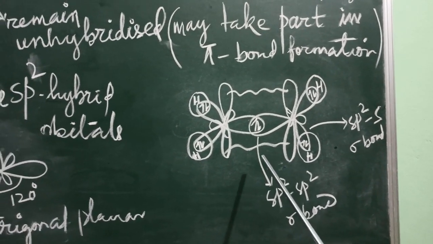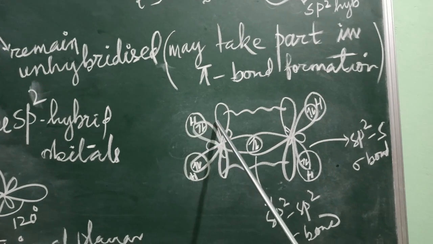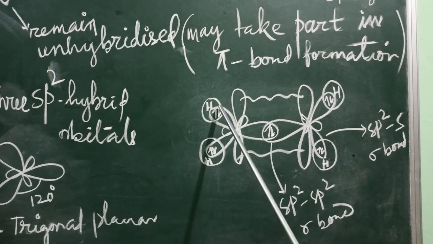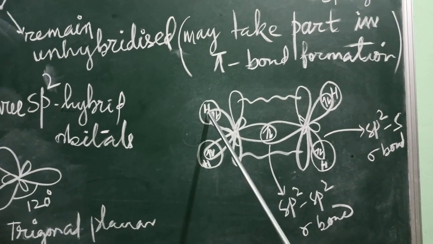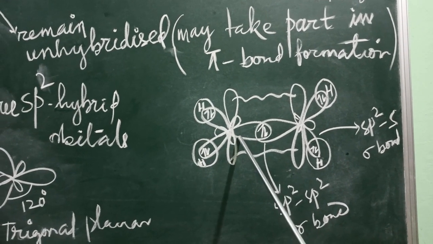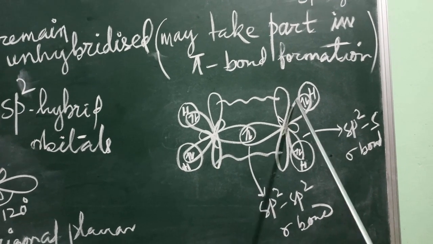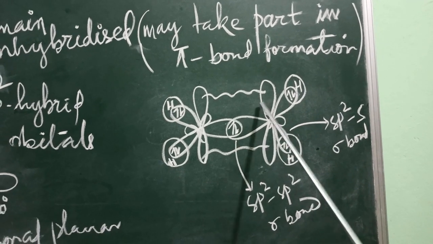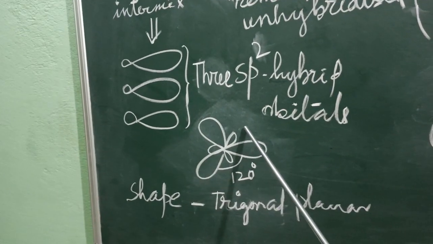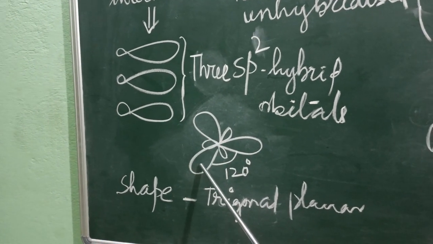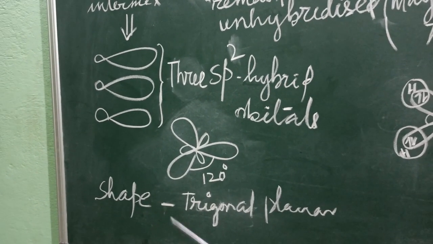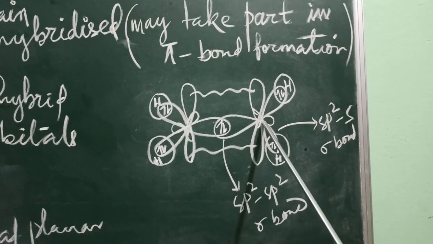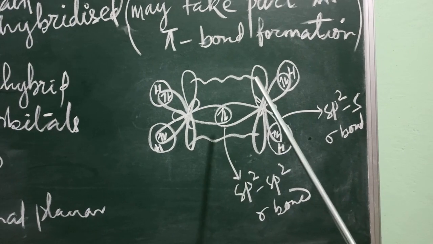So, how is it trigonal? You join this point to this point, this point to this point, and this point. So, this will give you a trigonal. Since it is in one plane, that is trigonal planar. Similarly, for this carbon, you join these 3 hybrid orbitals like 1, 2, 3. So, here a trigonal planar is formed. These 2 carbon atoms also form trigonal planar.